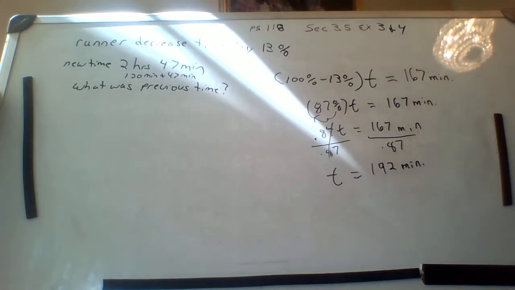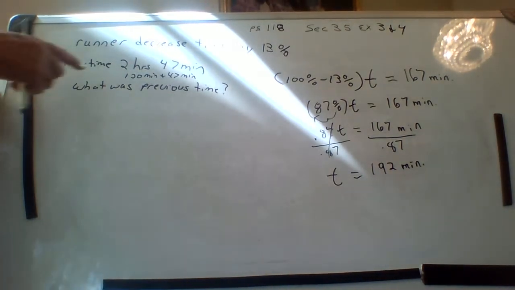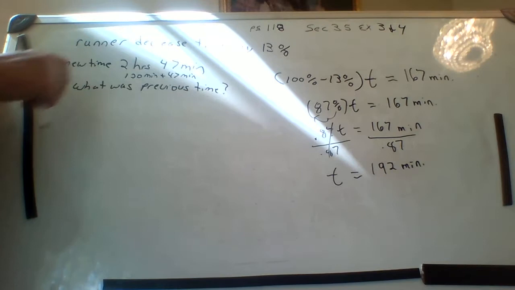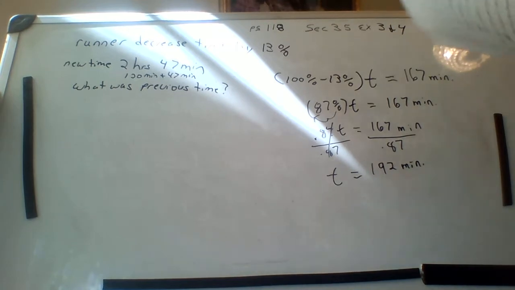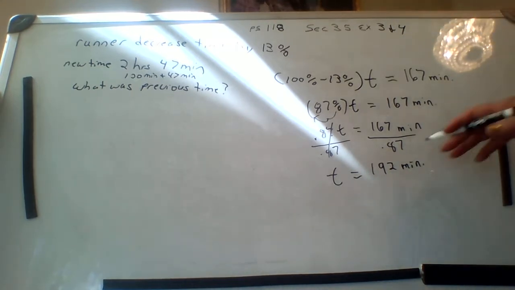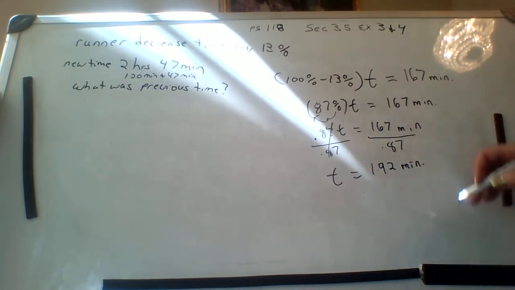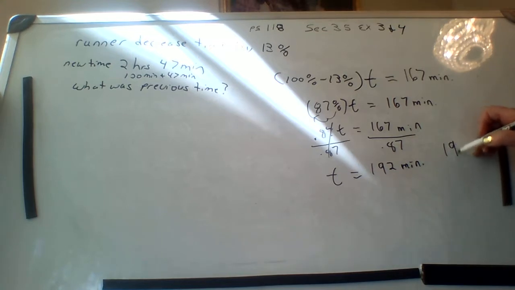So he used to run at 192 minutes, but they wrote everything in hours and minutes. So let's convert this to hours and minutes. So you're going to ask yourself, how many minutes in an hour? Right? There's 60 minutes in an hour. So you're going to take this 192 and divide it by 60. When you do that, you're going to get 3 point something.